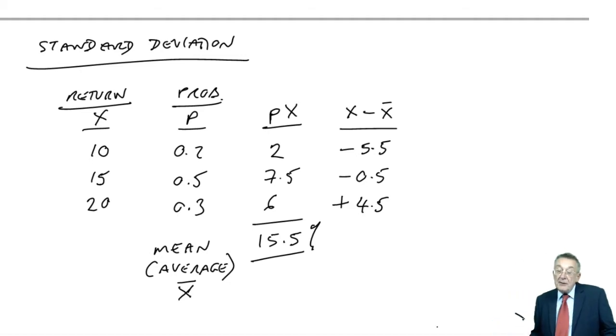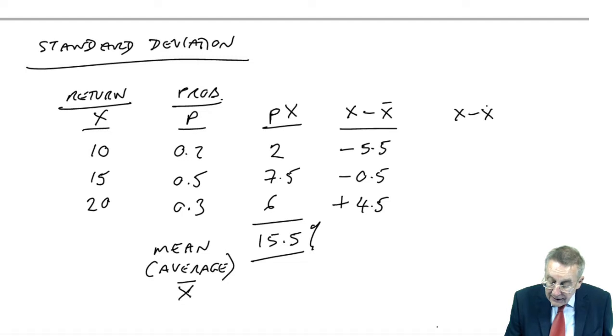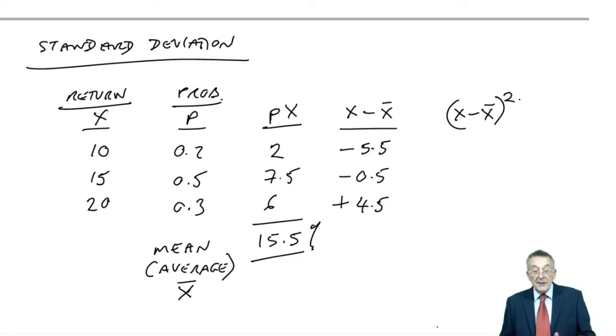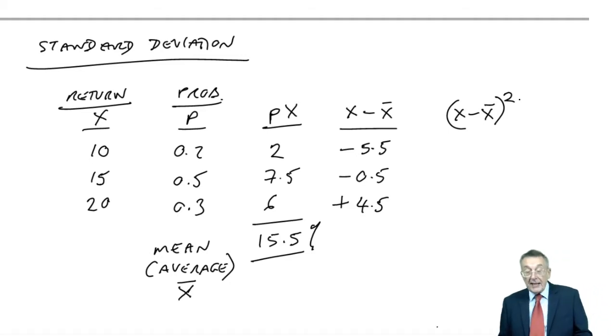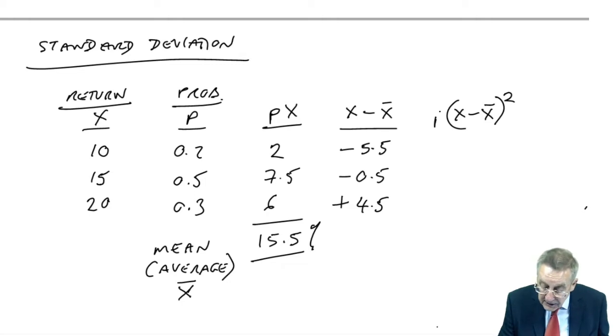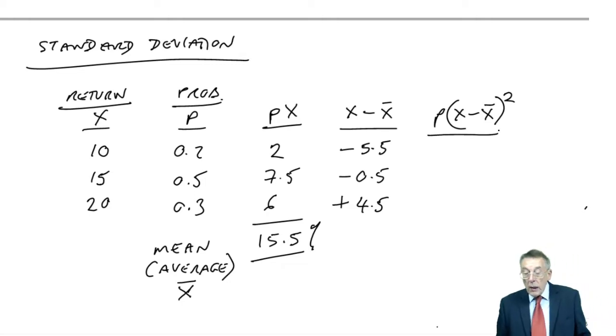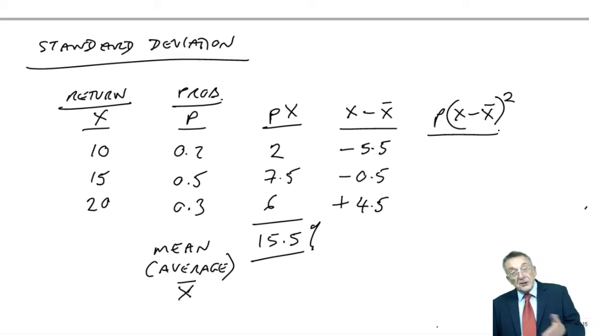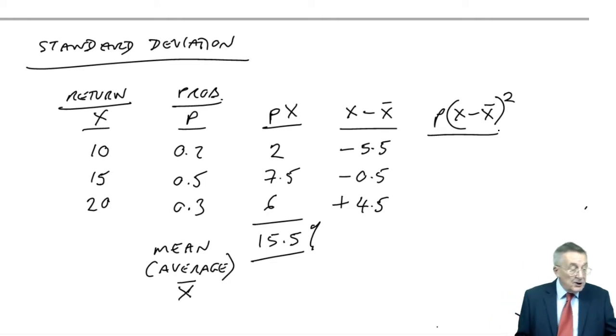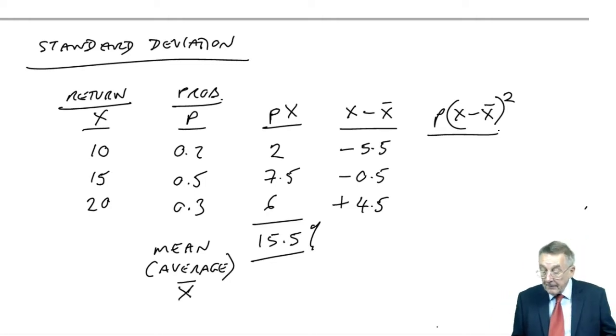And so to avoid that, we take x minus x bar, we square the differences, and then we take a weighted average. We multiply by the probability. Because when we square the differences, they all become positive. So it's basically a way of getting rid of the sign.